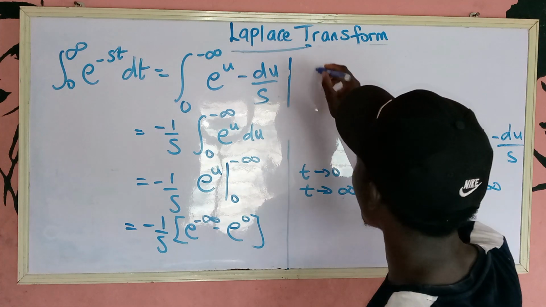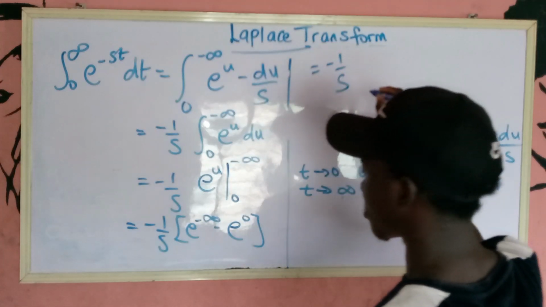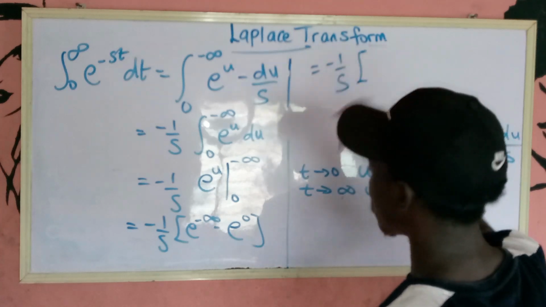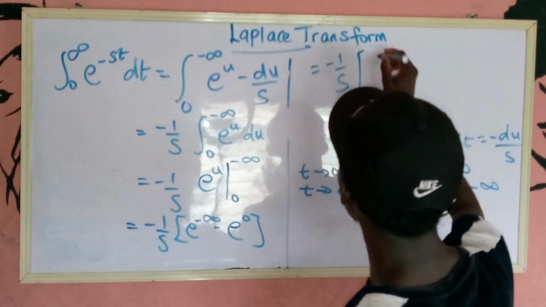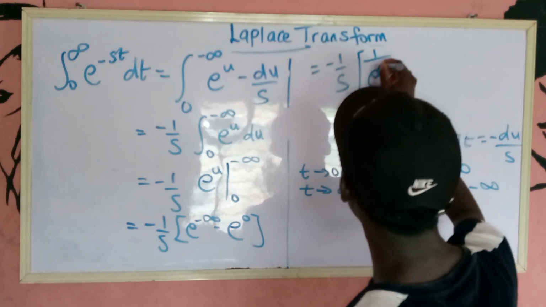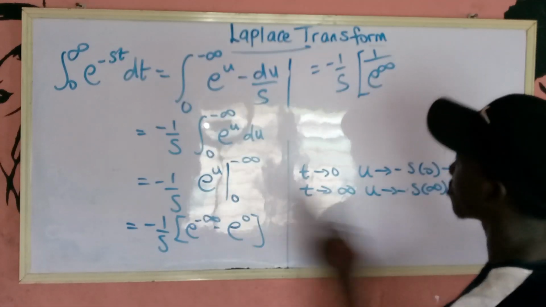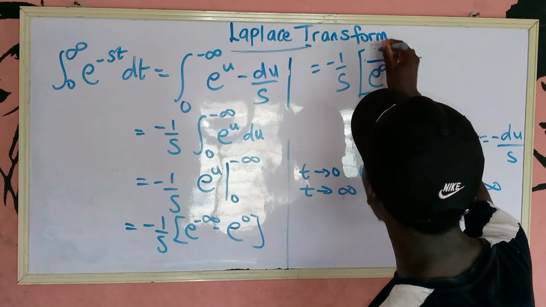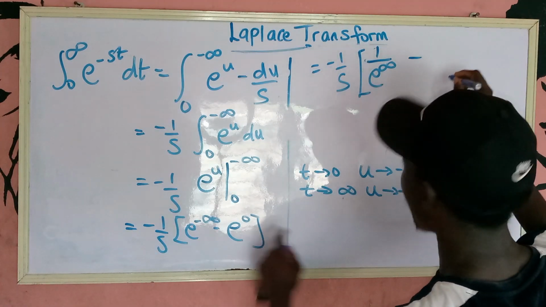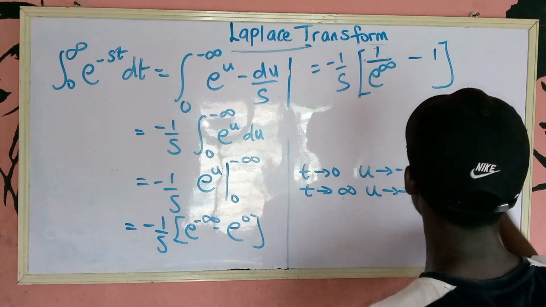So from here we have minus 1 over s, and e raised to power minus infinity can be written as 1 over e raised to power infinity, and e raised to power 0 can be written as 1.